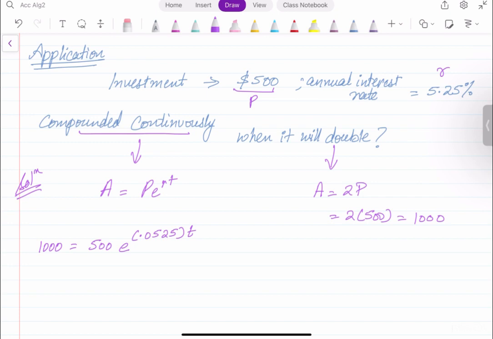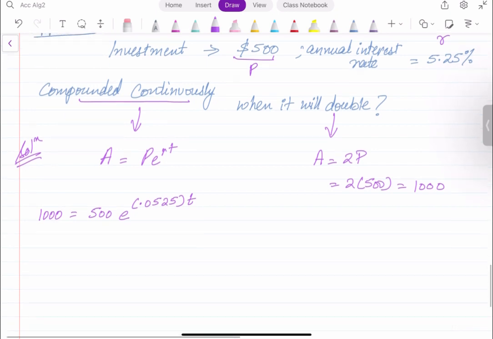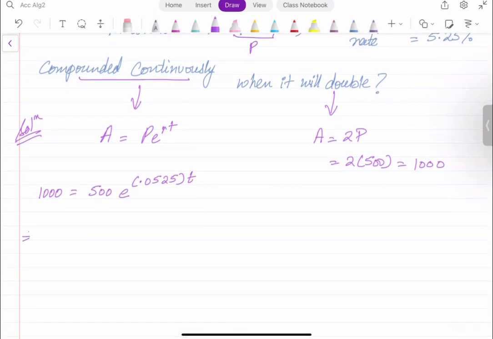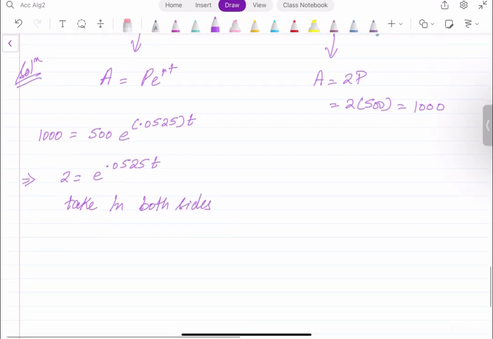So before we plug it in the calculator, we can divide both sides by 500. That will be 2 is equal to e to the power of 0.0525 t. And then I need to bring t down. So we will take ln both sides to get rid of e.